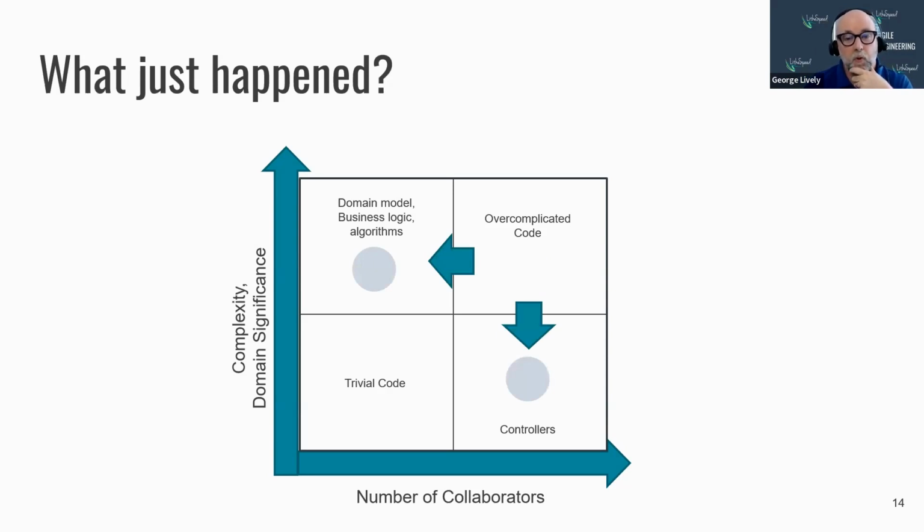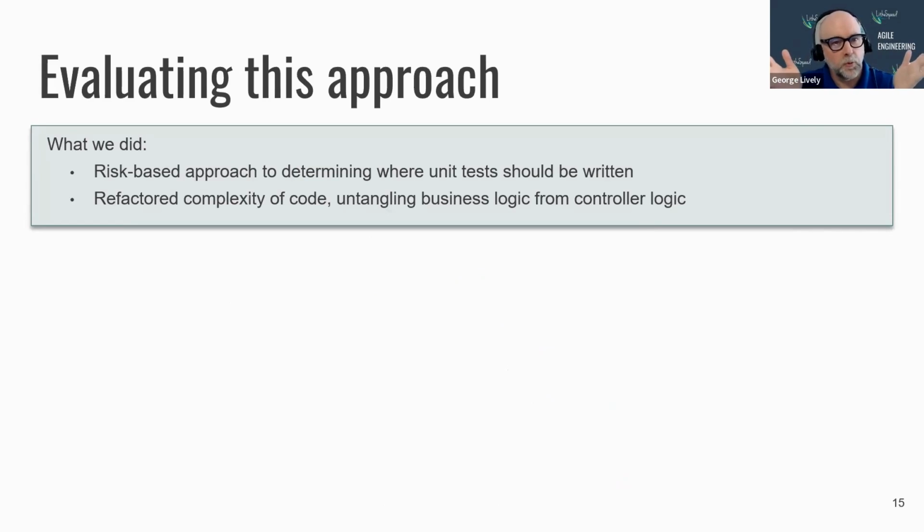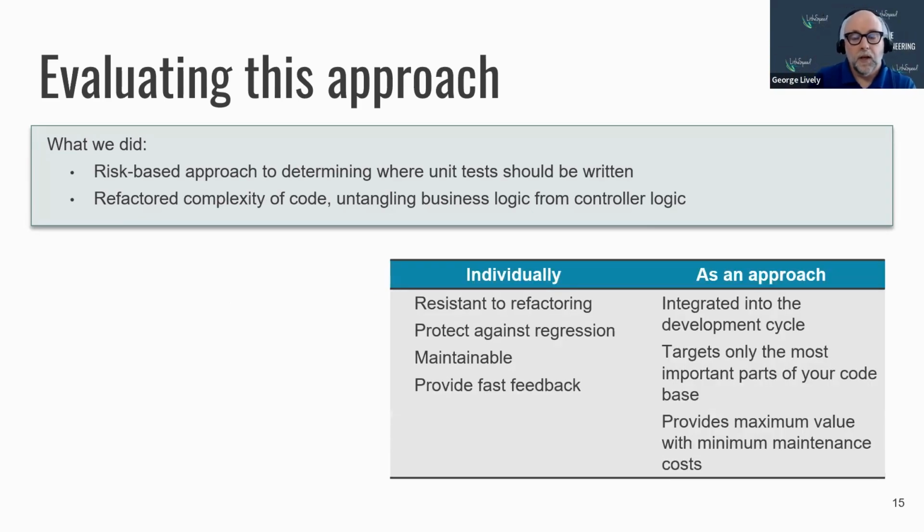And when both of those things were testable, we wound up with better coverage overall, making it much easier for all of this to happen in a much better way. Let's go back to our rubric and evaluate this approach as opposed to the test coverage approach. And this is what we did. So we first took a risk-based approach to determine where unit tests should be written, and we refactored some complex code, untangling business logic from the controller logic.